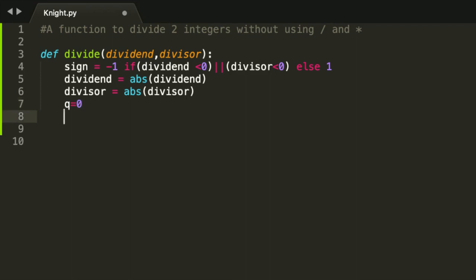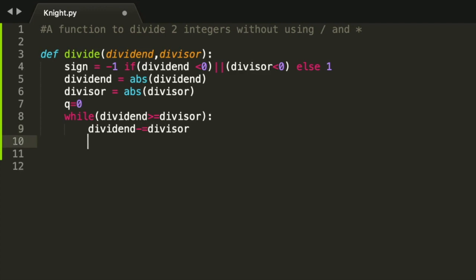And we introduce a while loop: while dividend is greater than or equal to divisor, dividend is equal to dividend minus divisor. I'll explain it.